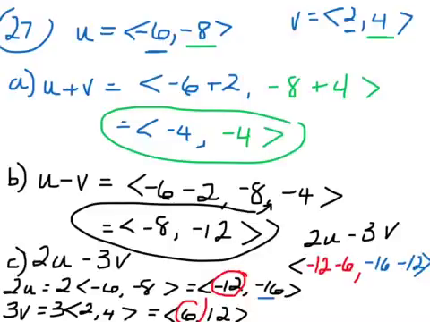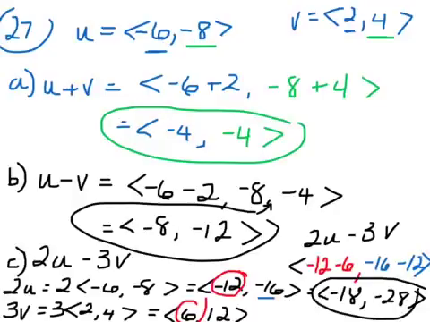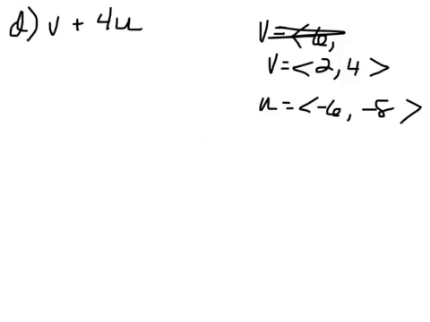Okay, and that -12 minus 6 is -18. And -16 minus 12 is -28. That's 2u minus 3v. Okay, so I'm supposed to take v, which is 2, 4, and add 4u to it. So try that and see what you get. I'll work it out here and then post the answer.